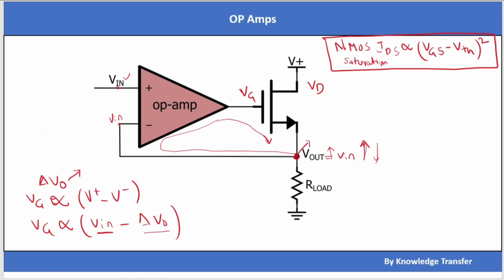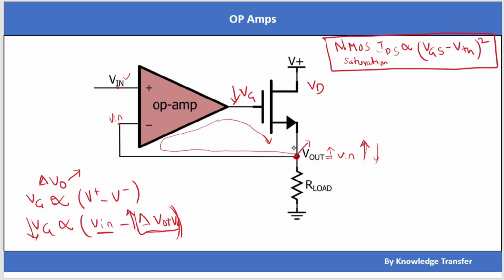There is some delta V naught, so it increased from V naught. Because this whole term increased, Vg will reduce. That means Vg is reducing.